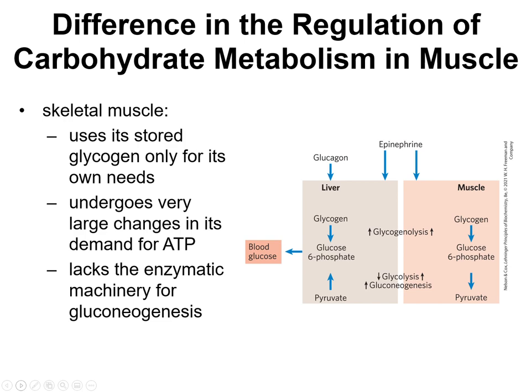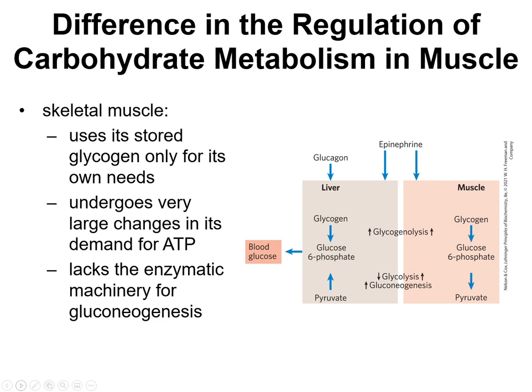So let's talk about the differences in regulation of carbohydrate metabolism in muscle. So skeletal muscle, it uses its glycogen store only for its own needs. It's not shipping that glucose out to the blood. It is using glycolysis to make more energy.